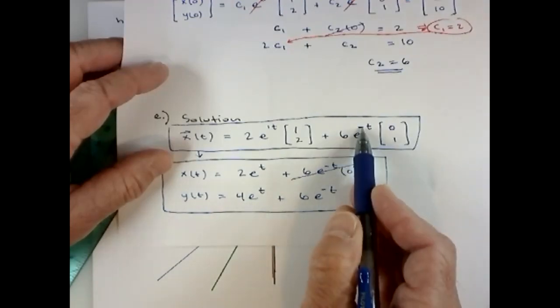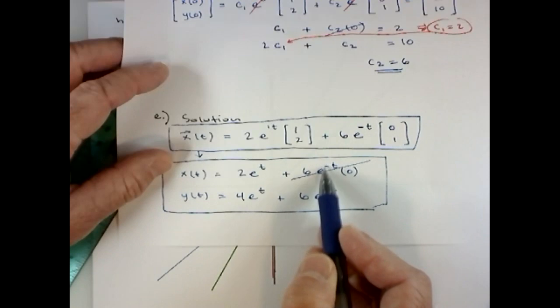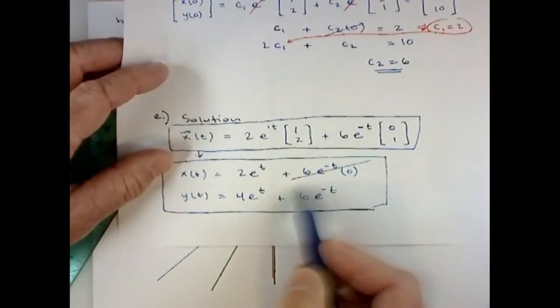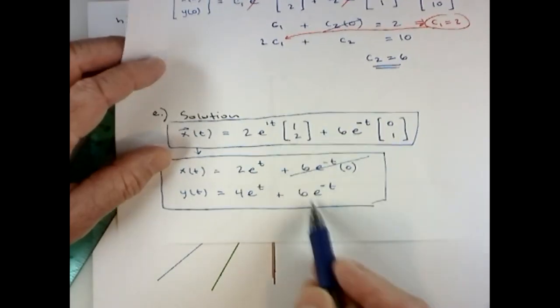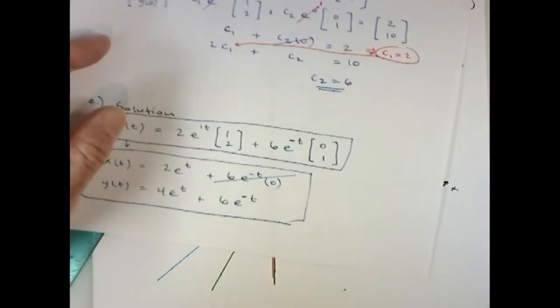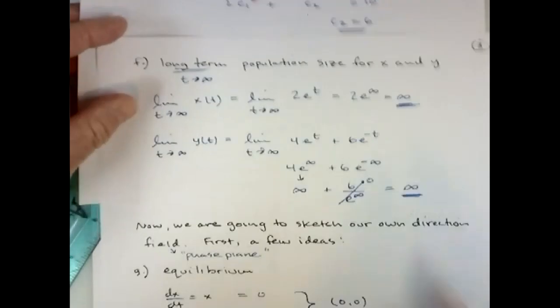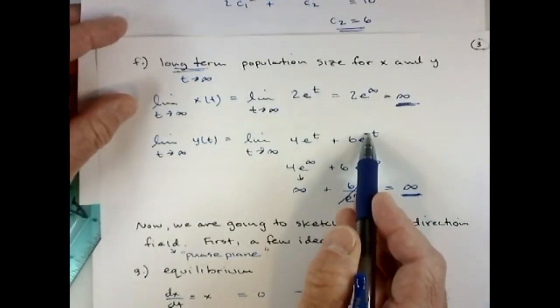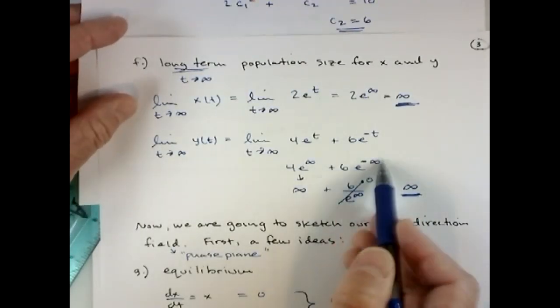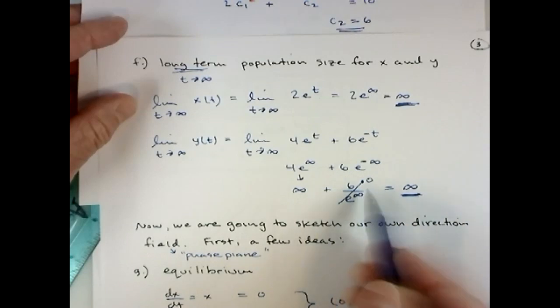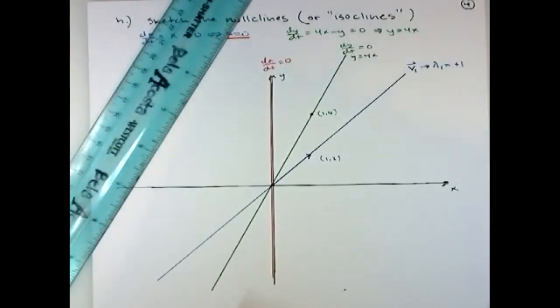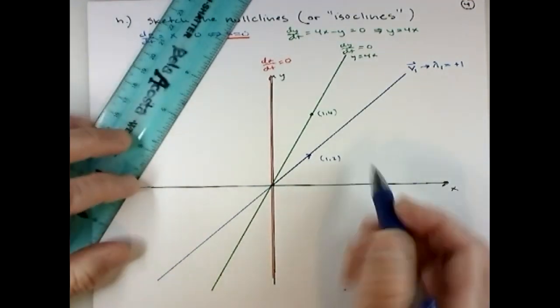Whereas when your eigenvalue is negative, e to the negative t ended up going away to 0, right? On the other page when we did the limits, if you've got an eigenvalue that's negative, that term as t goes to infinity will disappear. So positive eigenvalues are associated with growth. Negative eigenvalues are associated with decay.